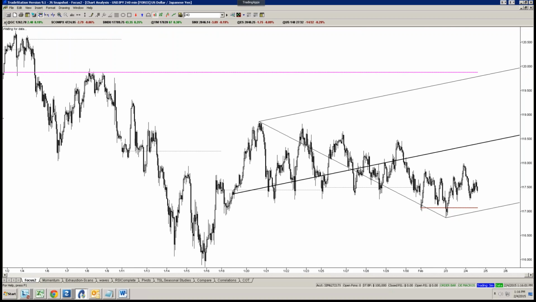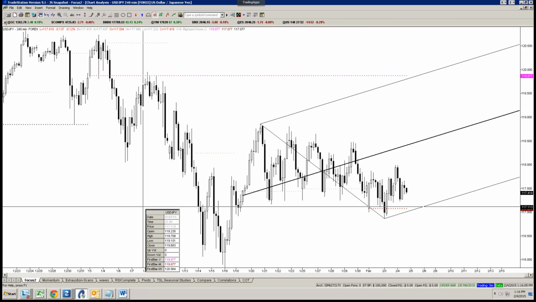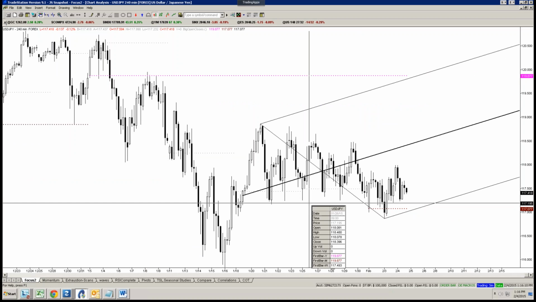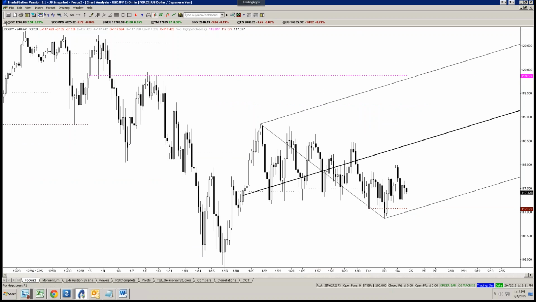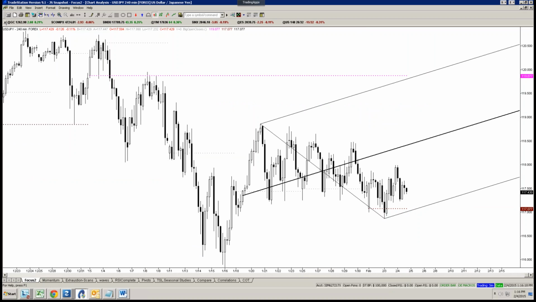If I go to a 4-hour chart, you can see it a little better. We have all the support. We break it, right after FOMC. The market reverses sharply and starts to get a bottoming pattern forming here.